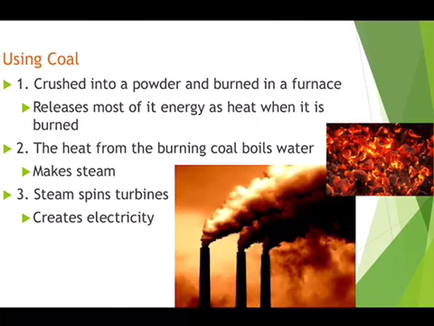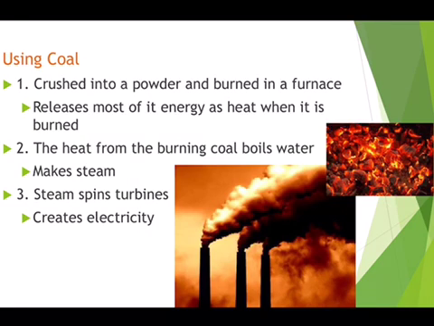In order for us to use coal to make electricity, it first needs to be crushed into a powder, and then we actually burn it in a furnace. This releases most of its energy as heat when it gets burned. The heat from the burning of the coal boils water. This makes steam. We know boiling water makes steam, and then that steam is used to spin turbines in order to create electricity.